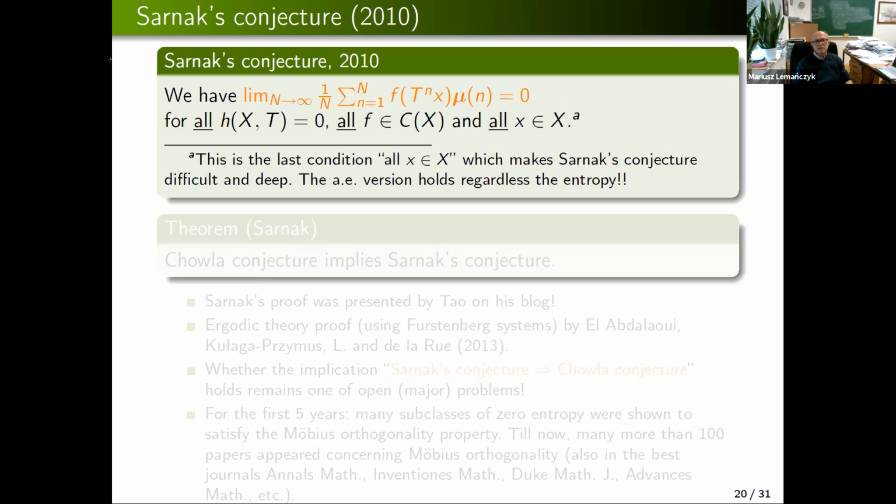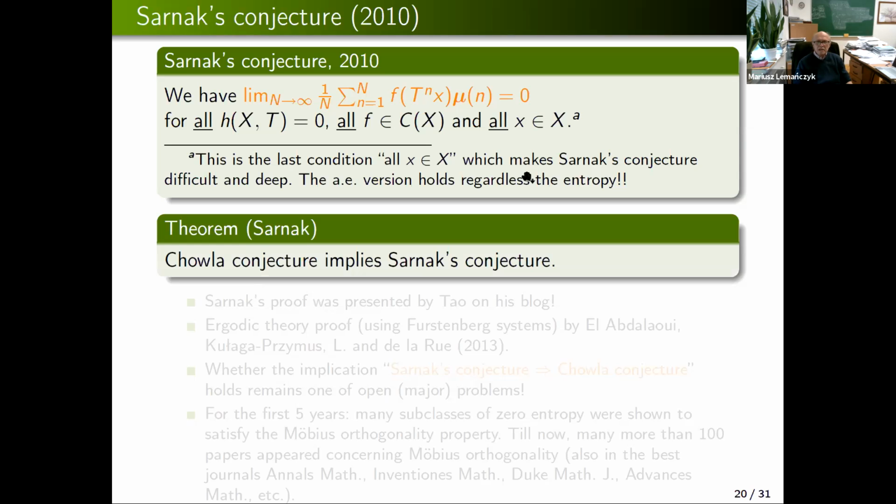Otherwise, if we think in terms of classical ergodic theory, we have an invariant measure somewhere and we want an almost everywhere condition. Then in fact, it automatically becomes true. It's not difficult, and it does not see the entropy, so it's completely useless. Well, anyway, Sarnak's conjecture is still open.